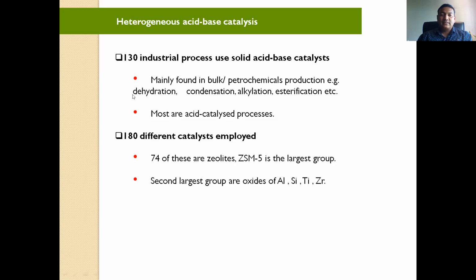In industry, for dehydration, condensation, alkylation, and esterification type reactions, they will use a catalyst. And I also discussed this ZSM5 catalyst, and I gave the example of Rangoli. Not exactly the correct composition of zeolite is Rangoli, but for the most part, so you can imagine how that compound is.